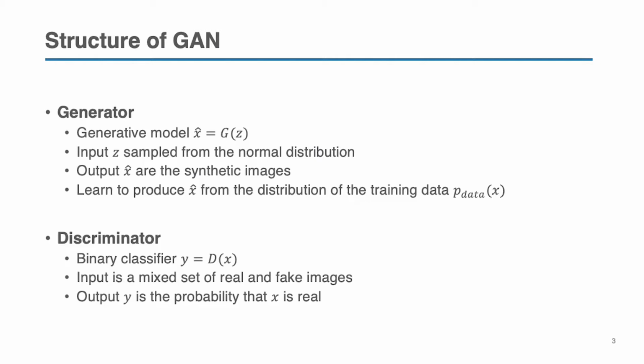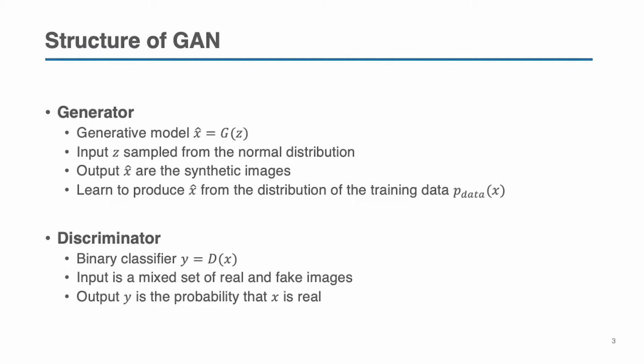It's going to distinguish the real images and the fake images. So the input is going to be a mixed set of images that are sampled from the training dataset and those that are generated by the generator. The output of the discriminator is going to be the probability that the input image is real.